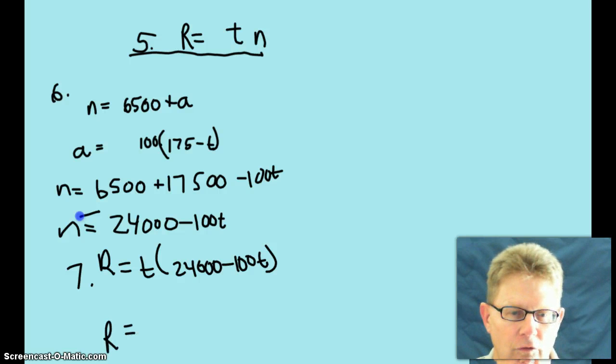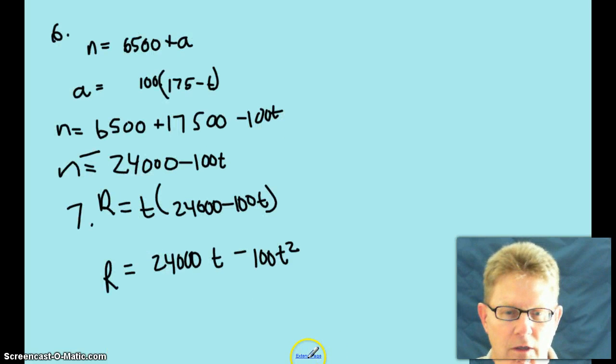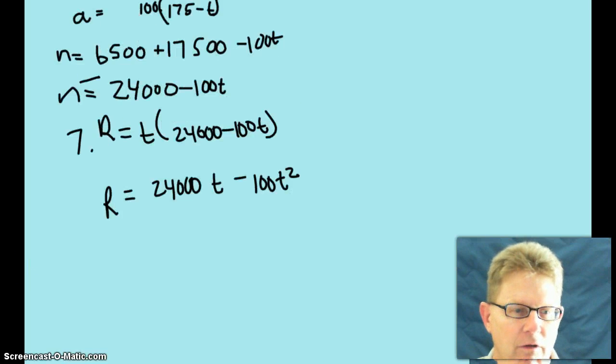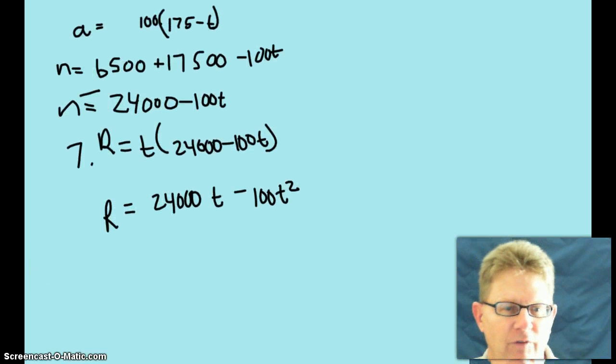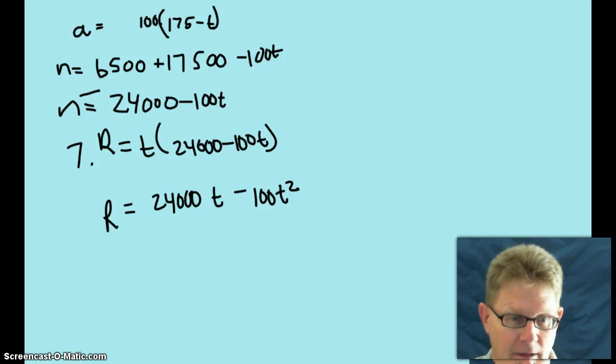R equals 24,000T minus 100T squared. Okay, there is the function now in terms of one variable. And yes, that is by far the hardest thing to do with optimization, to come up with an equation in one variable. So go ahead and take the derivative of that and come back.